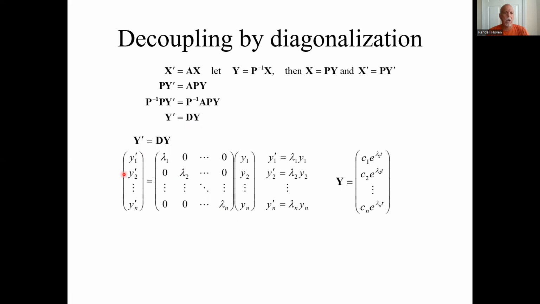That means y is this, which means we've decoupled them from each other. Y1 does not in any way depend on any of the other y's. Same with Y2 through Yn. I just have n decoupled differential equations, and it will have this solution. None of them depend on the others.